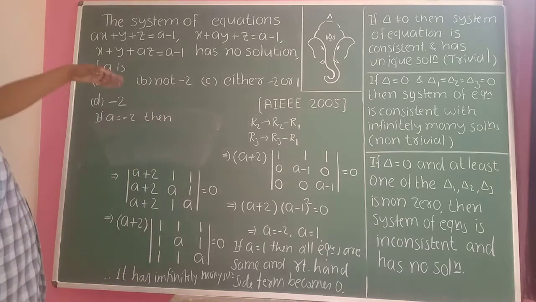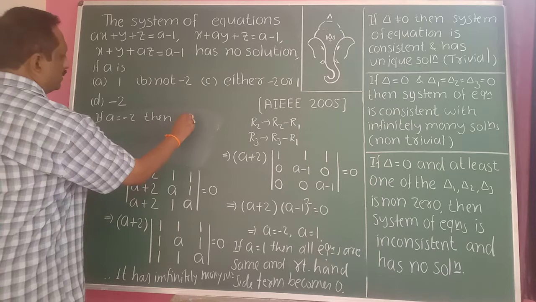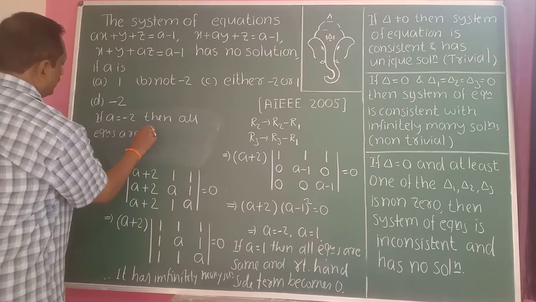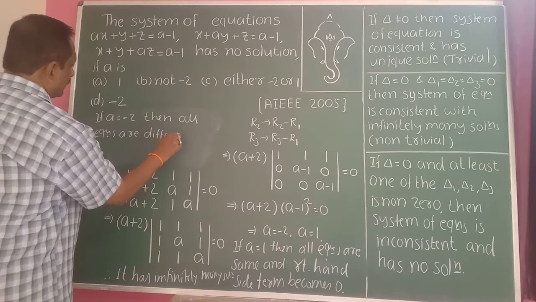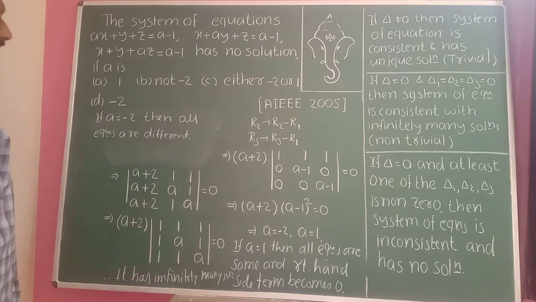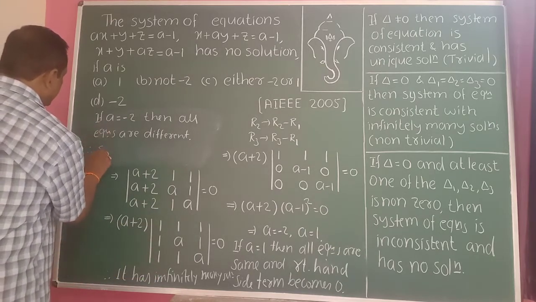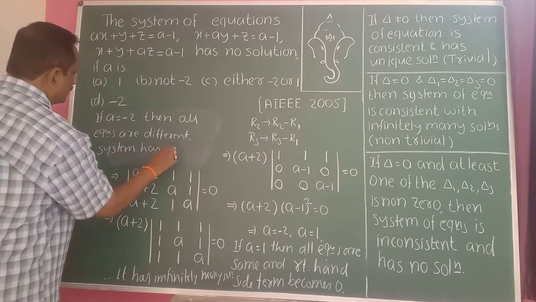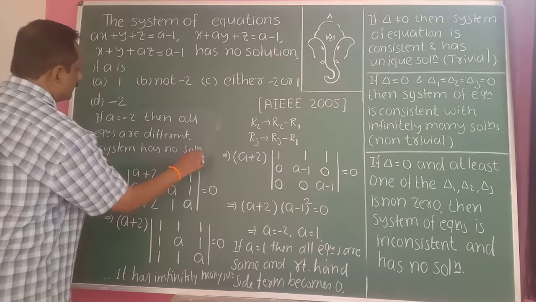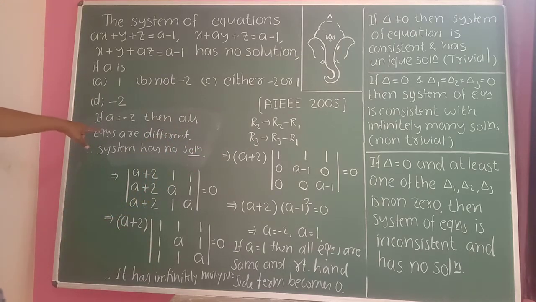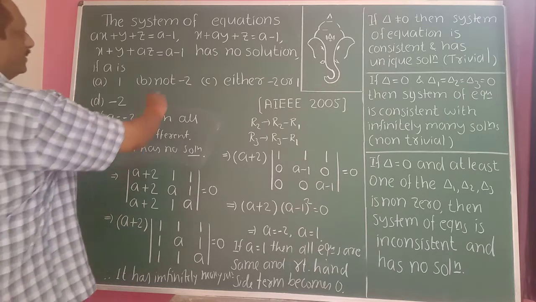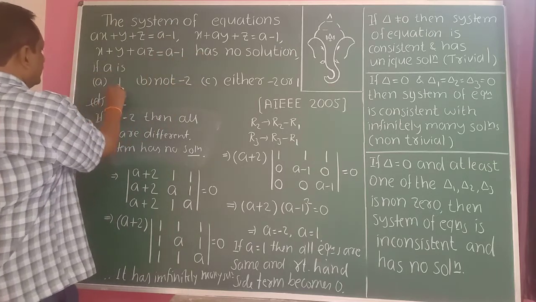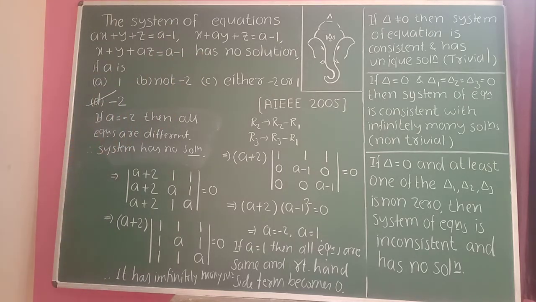Then all the equations are different, so the system has no solution. Therefore, when A is minus 2, the system has no solution here. Therefore, what they give here, the system of equations has no solution if A is minus 2. The fourth option is correct here.